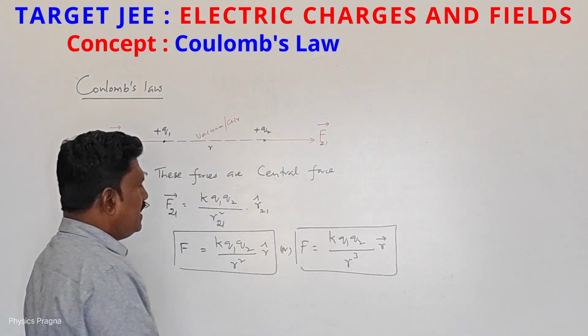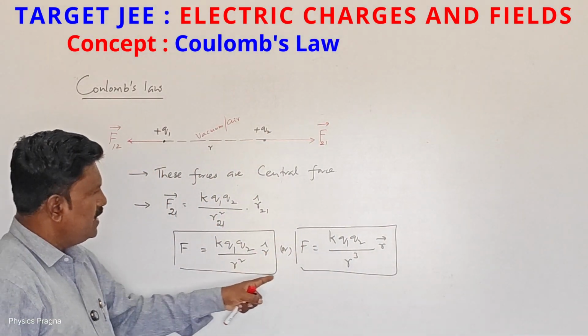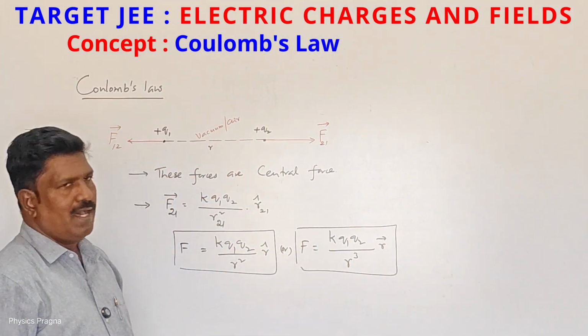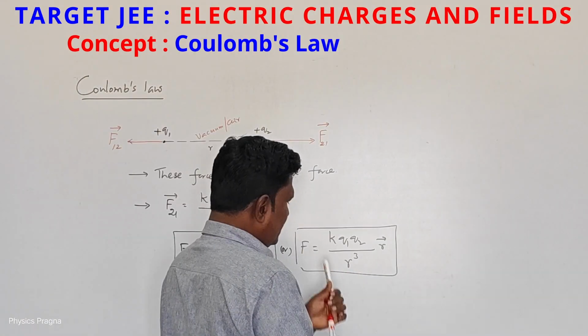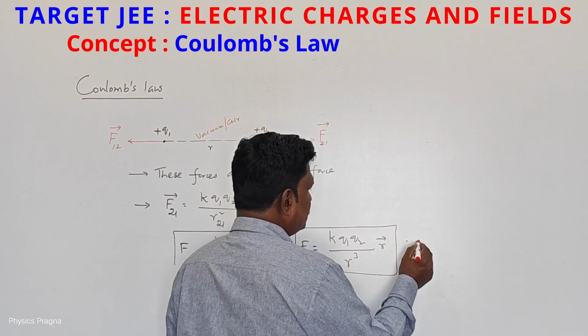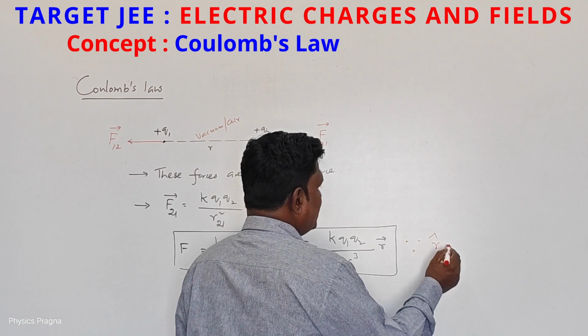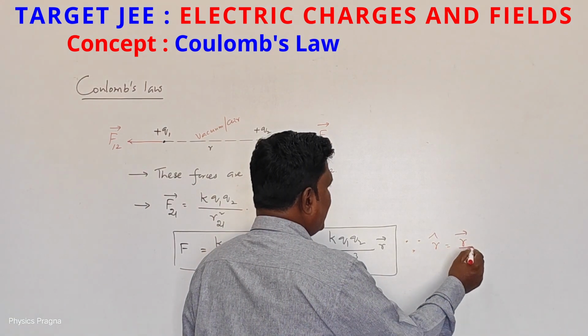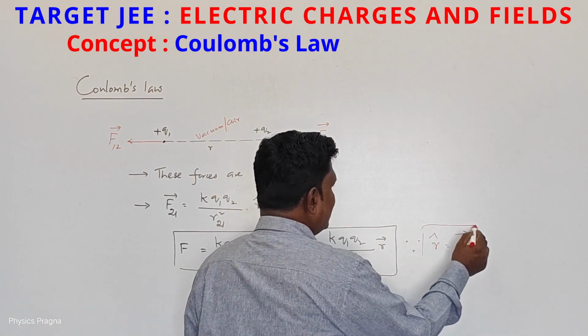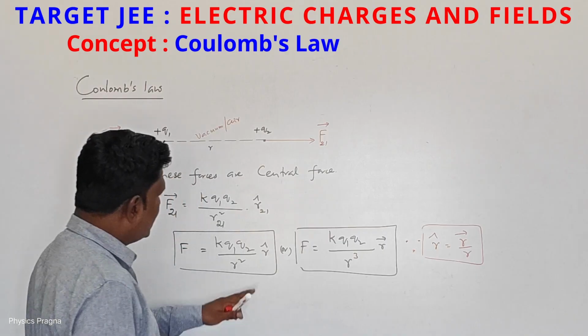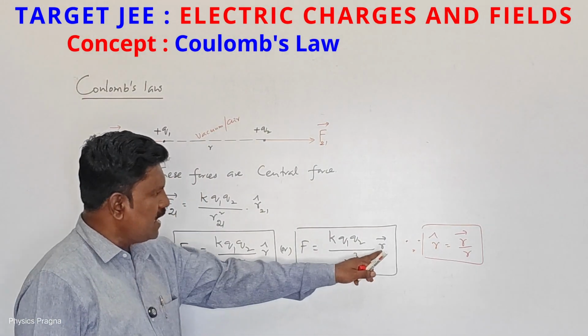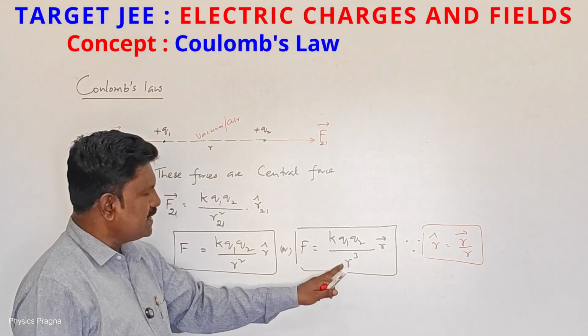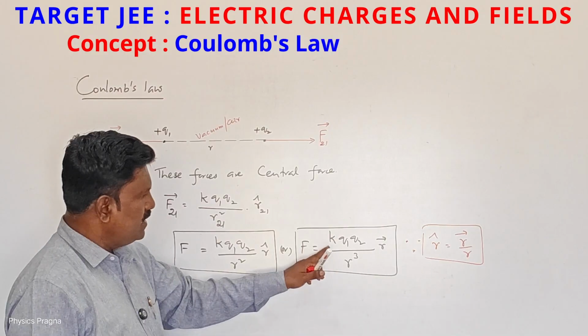Be careful: if you write R cap, it is R square. If you write R bar, it is R cube. Why? Since R cap is equal to R bar by R, in the place of R cap if we write R bar by R, one extra R will come in the denominator.